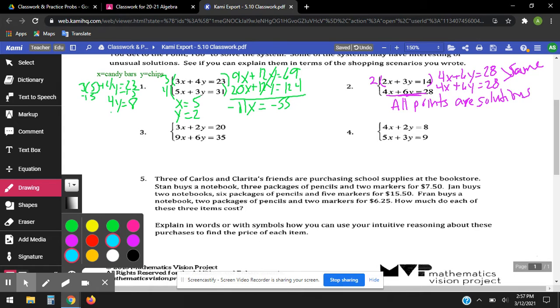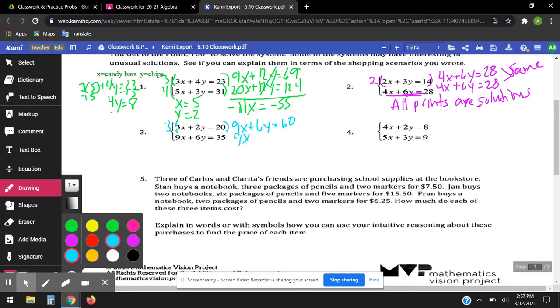All right, so number 3, let's see. It looks like if I triple the top one, then I get 9x plus 6y equals 60.